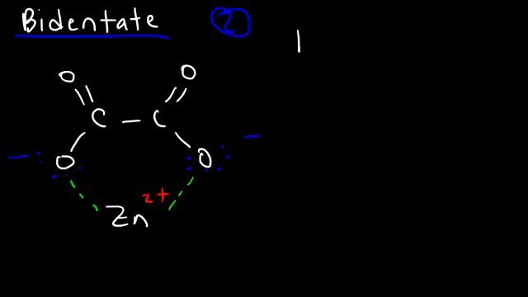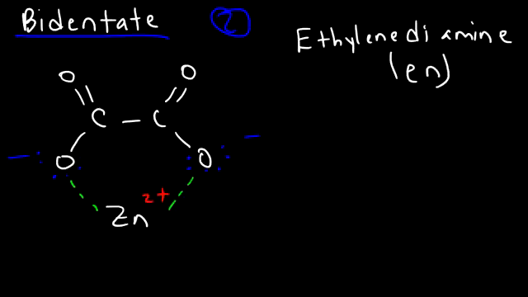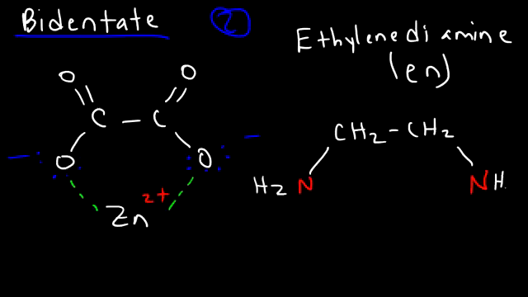Another example is ethylene diamine, which you can abbreviate as EN. This particular ligand can also make two interactions. Each nitrogen atom has one lone pair, which can bind with a transition metal cation.